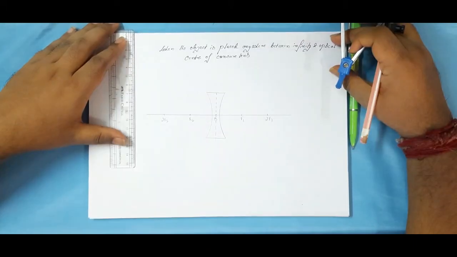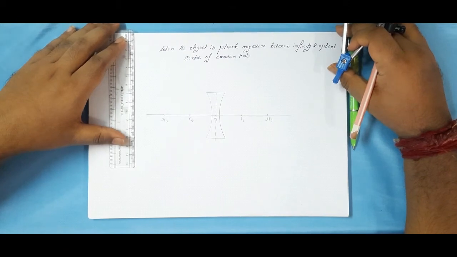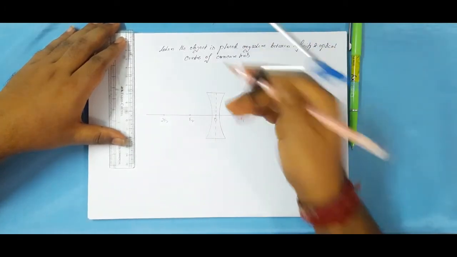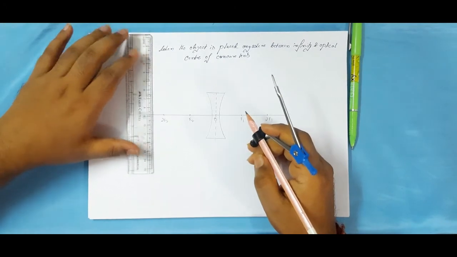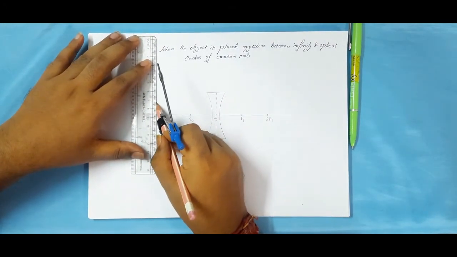Next. Now, when the object is placed anywhere between the infinity and optical center, anywhere between the lens, okay, so I am taking the object beyond 2f2.